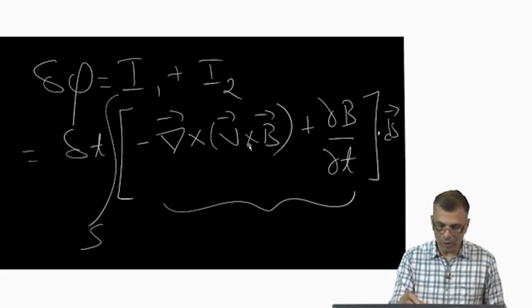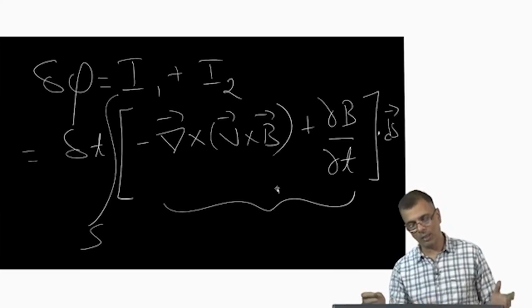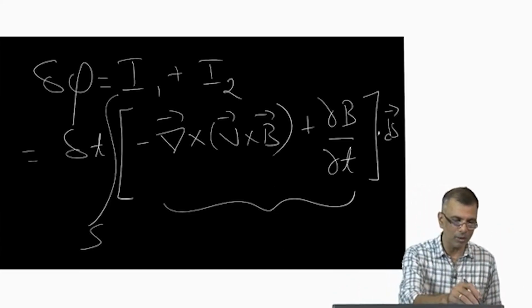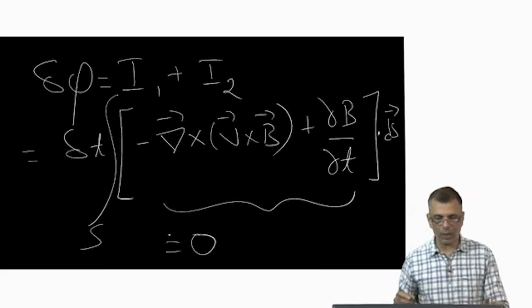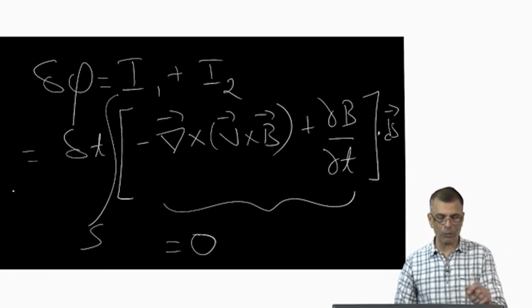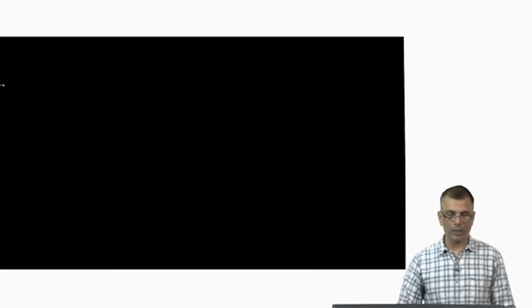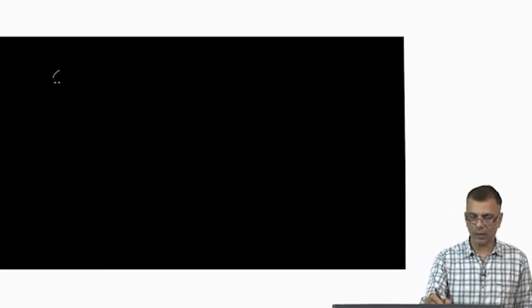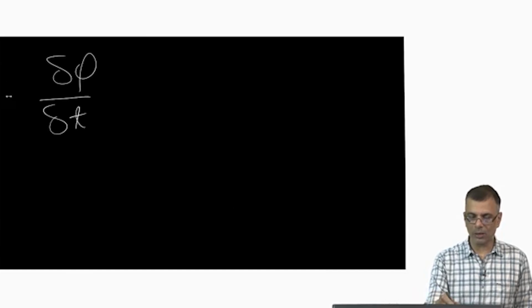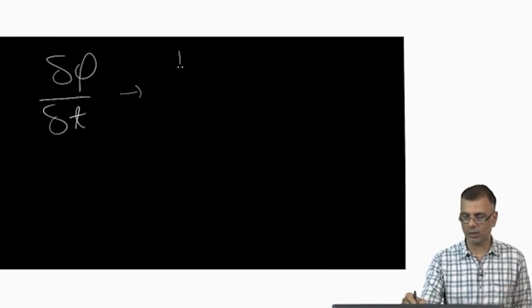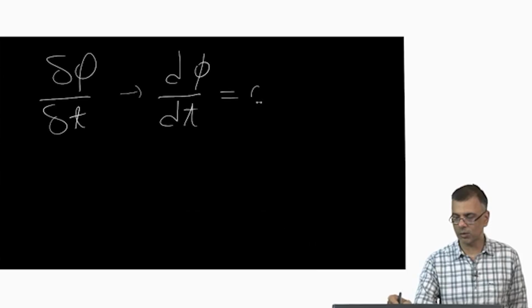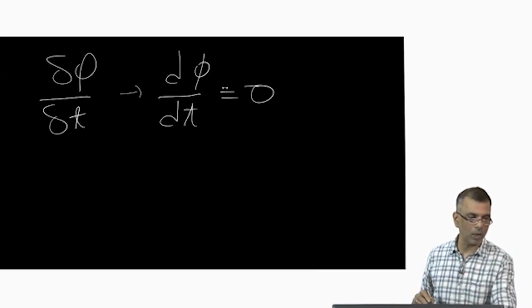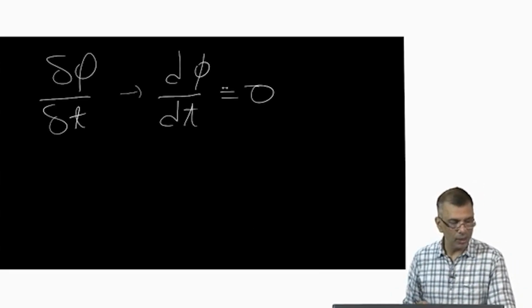And so since the integrand is equal to 0, the integral will always be equal to 0, and therefore we have this equal to 0. In other words, what we are saying here is that delta phi over delta t, which in the limit goes to d phi dt, is equal to 0, and this is what we set out to prove.